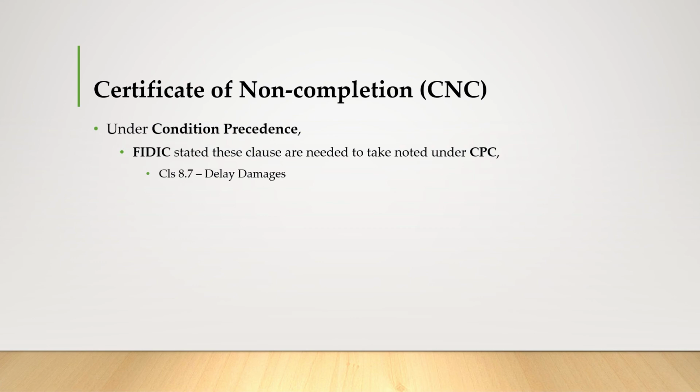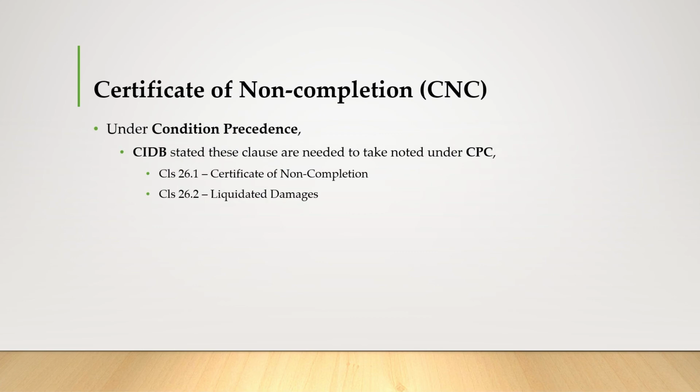Under condition precedents in FIDIC, it is only stated that the delay damage in clause 8.7 needs to be taken note of for the CNC. And under condition precedents in CIDB, it is stated in clause 26.1 and 26.2, the certificate of non-completion and liquidated damage.